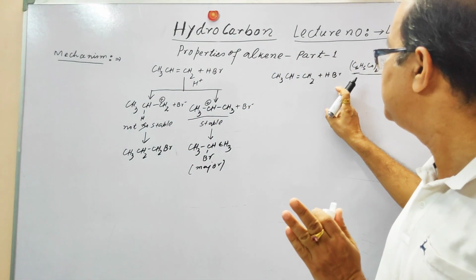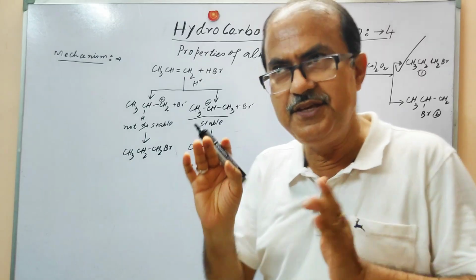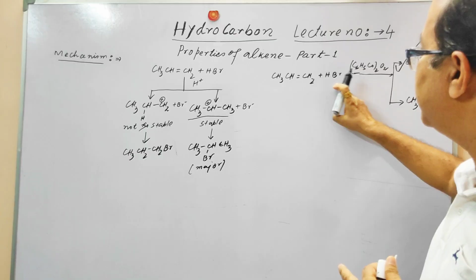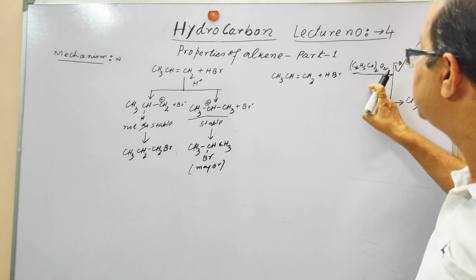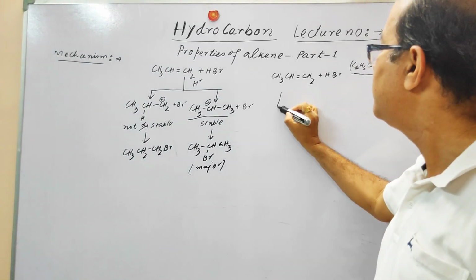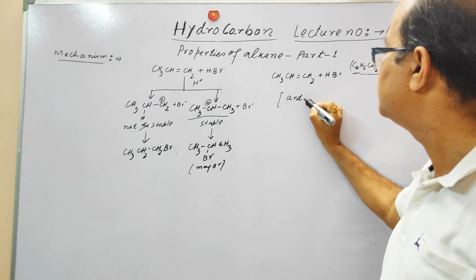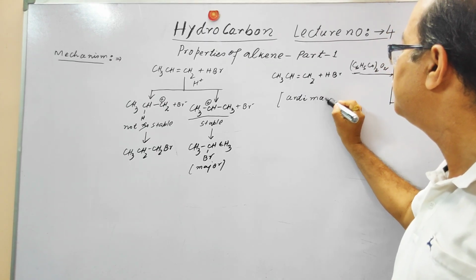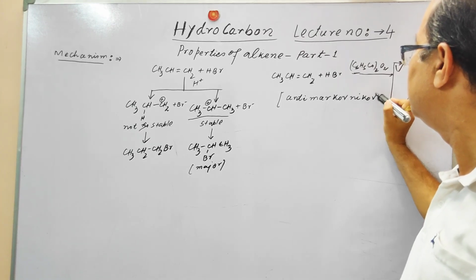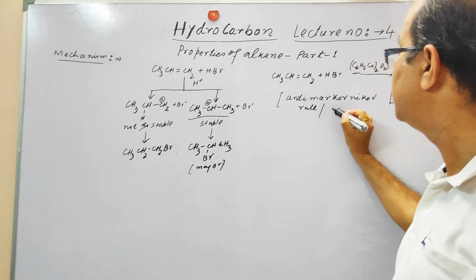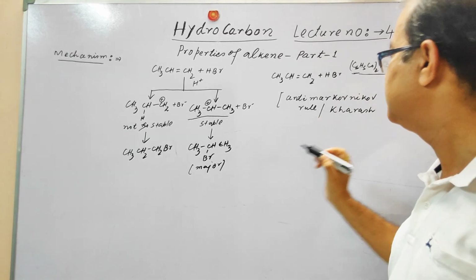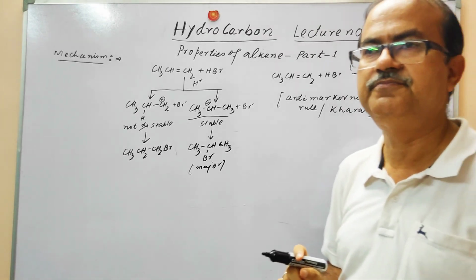If we add HCl or HI, the product will be as per the Markovnikov rule. But the addition of HBr in the presence of benzoyl peroxide is totally opposite, and this is called the anti-Markovnikov rule, or the Kharash effect. Kharash is the scientist who observed this effect.